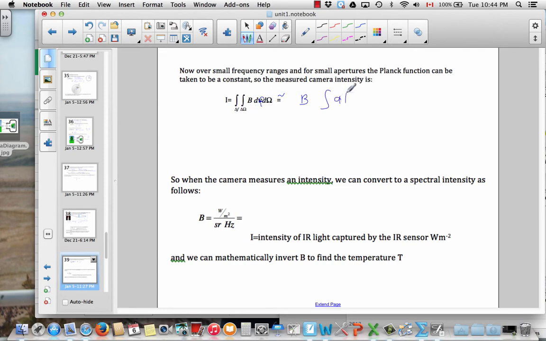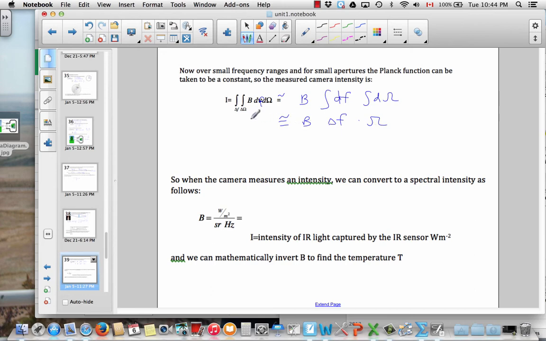So by pulling out that B function, saying that it's constant, we just end up integrating df and integrating d omega, and so this is just the frequency range delta f, and this is just the amount of solid angle we have, omega.